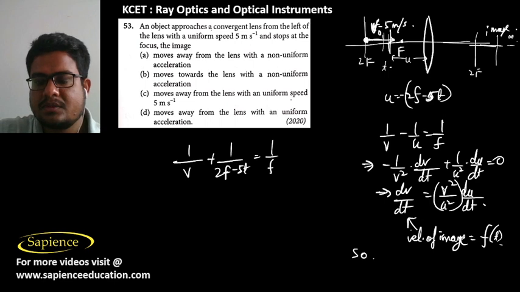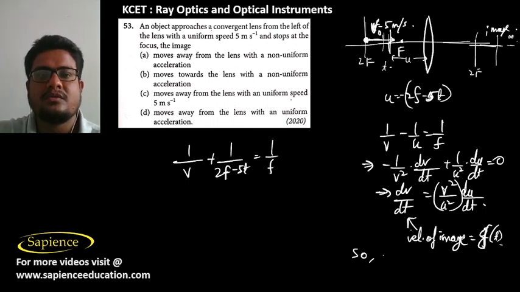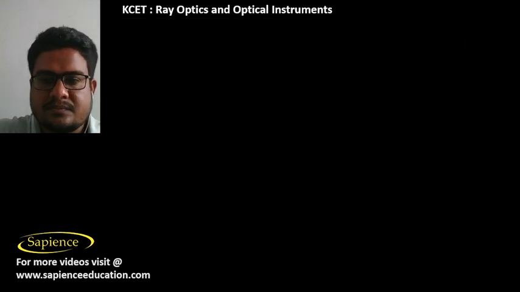So it means that the image will move with a non-uniform acceleration. So option A is the correct answer.